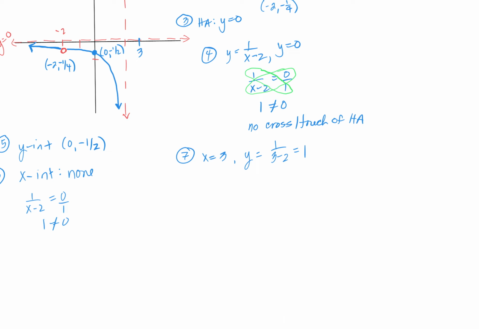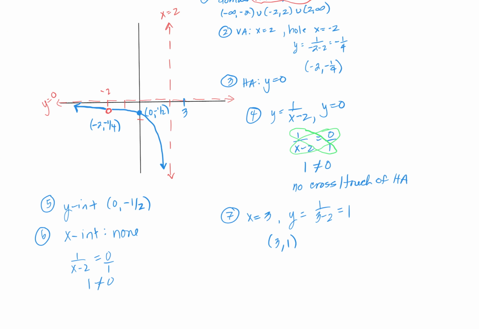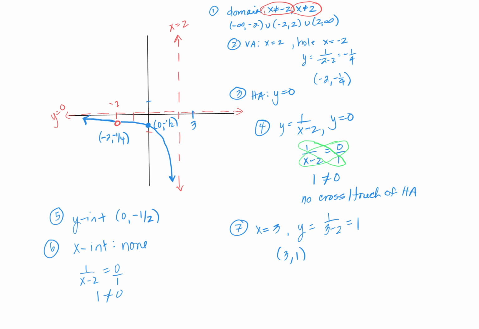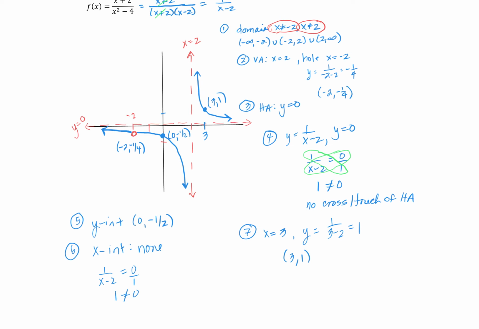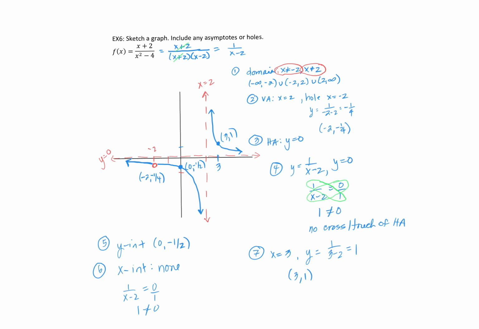Again, I'm using the 1 over x minus 2, the simplified or reduced version. So 3, 1, and I'm done. My graph has to follow my asymptotes. So I'll just go ahead and label this 3, 1. So you see this is long, it is tedious, but all these steps should make sense.